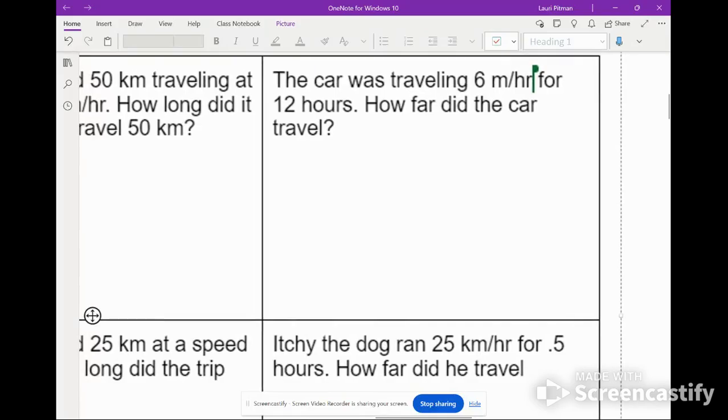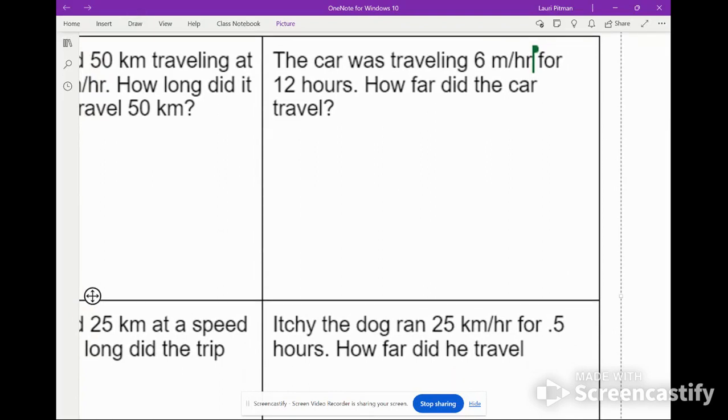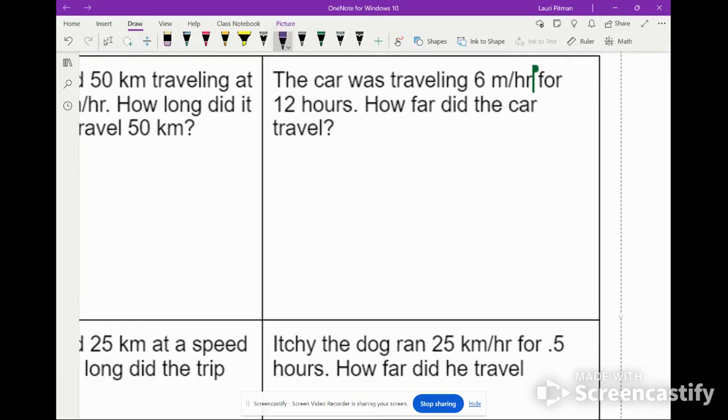So here it says the car was traveling 6 meters per hour for 12 hours, and it wants to know how far did the car travel. Okay, well, let's go ahead and draw our triangle. Make sure you include your symbols for division and multiplication.